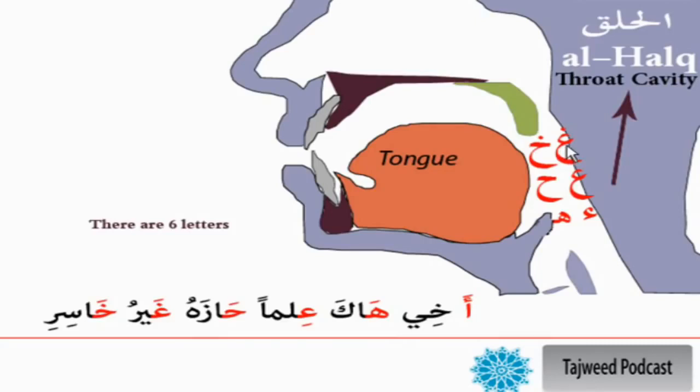For example, I put sukun on the ghain, and put an alif or a hamza before it and say agh. As you can see, they're closer to the mouth. Ghain and kha are closer to the qaf as well.